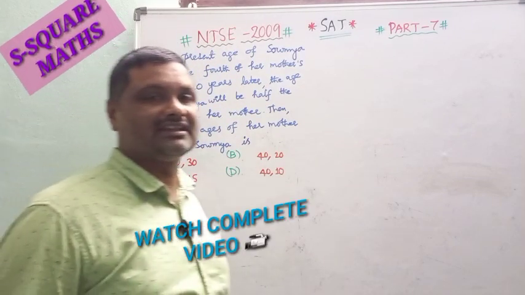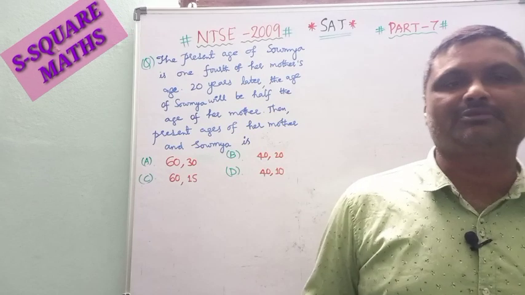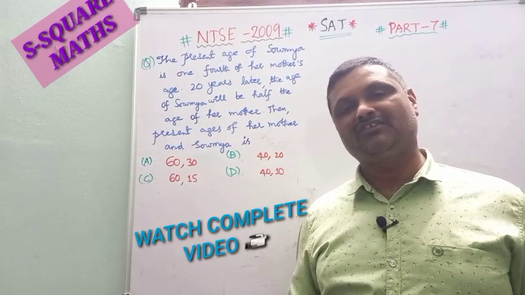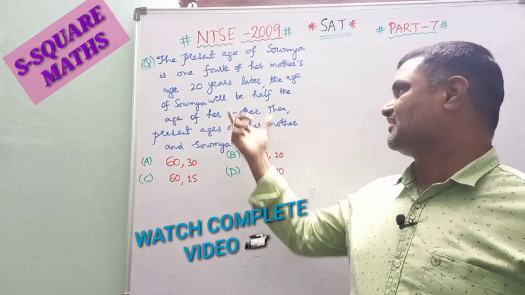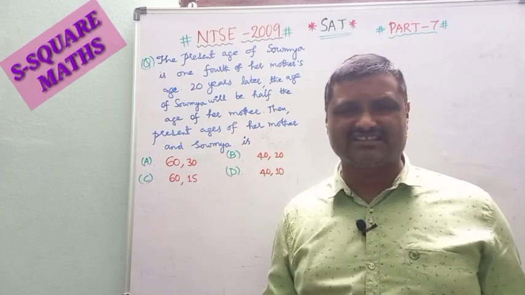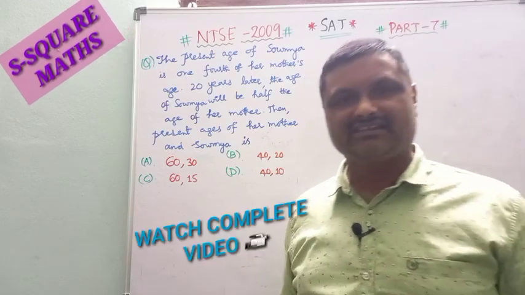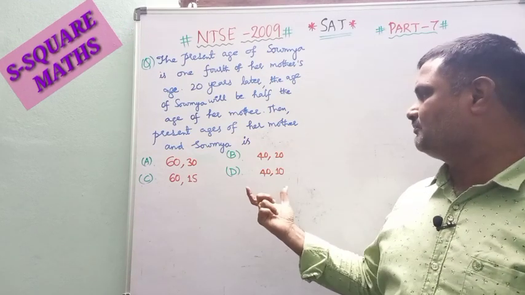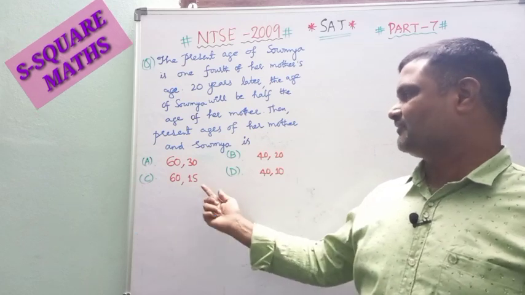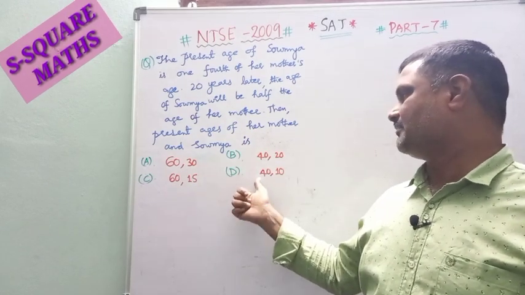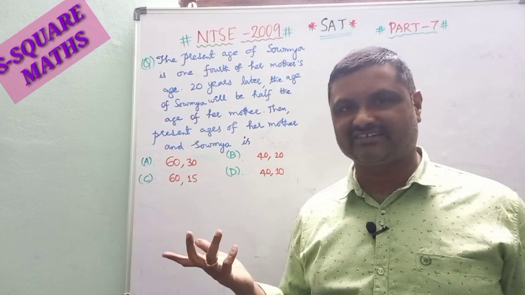If you look at the options, without doing the process, a pair of options is given for the two conditions. By common sense, the mother's age will be more than the daughter's age. Observe carefully: 60 by 4 gives you 15, and 40 by 4 gives you 10, so that satisfies the first condition.